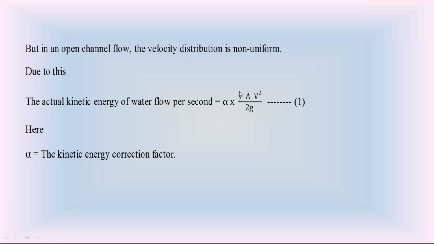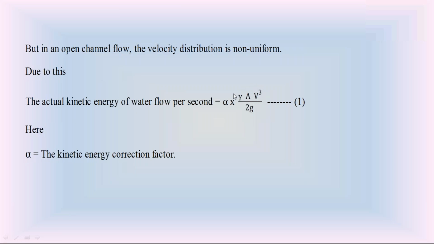This gamma A V Q by 2g, as I just explained, is the kinetic energy of water flow per second, but that is not the actual kinetic energy because we use the mean velocity.